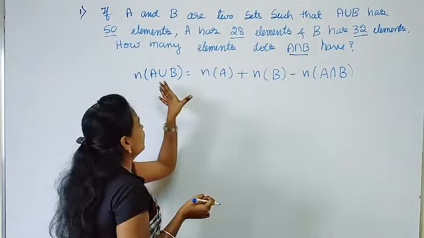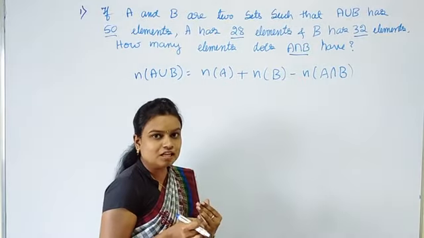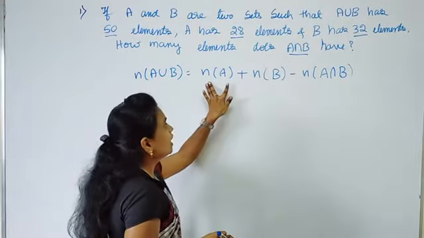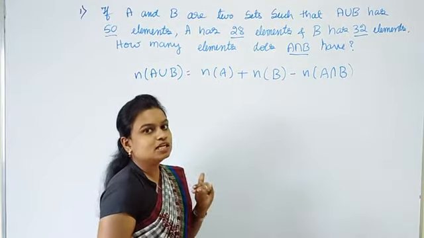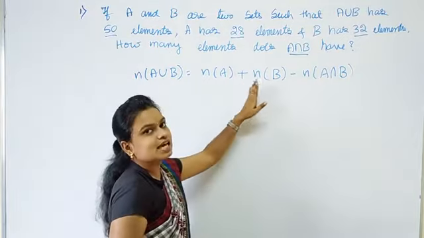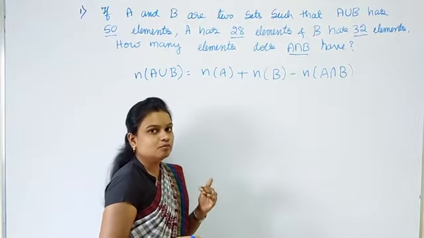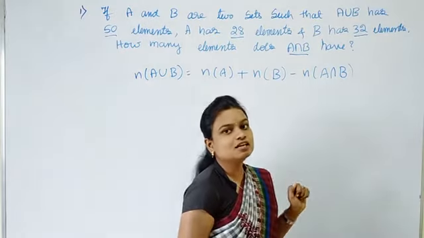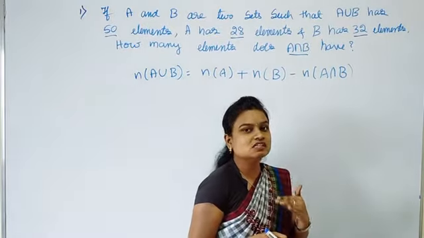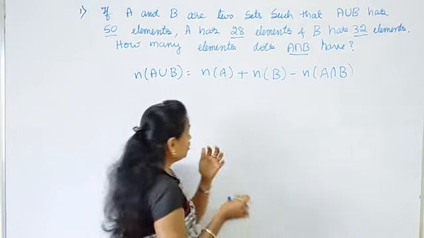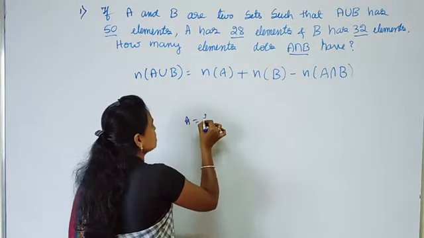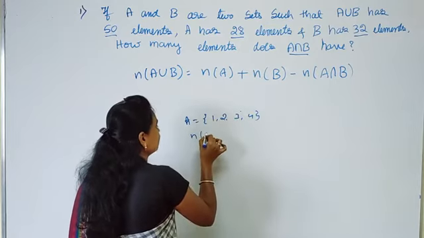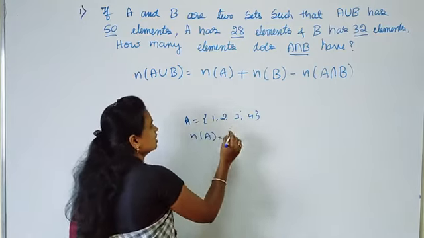N of A union B means number of elements in the set A union B, that is equal to n of A, number of elements in the set A, plus n of B, number of elements in the set B, minus n of A intersection B, number of elements in the set A intersection B. Number of elements means, for example, if the set A is equal to {1, 2, 3, 4}, then n of A is 4.